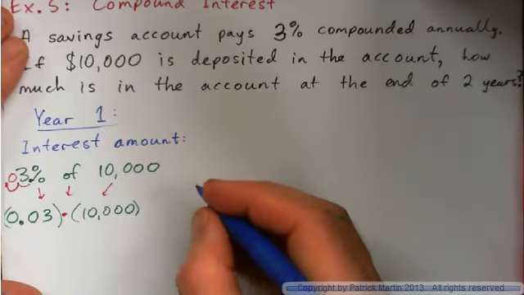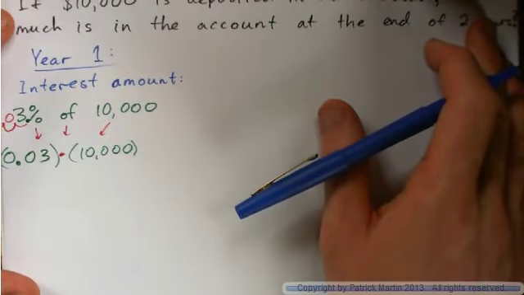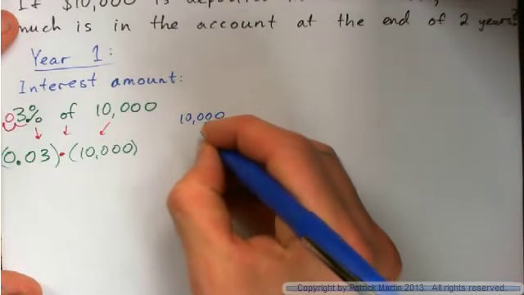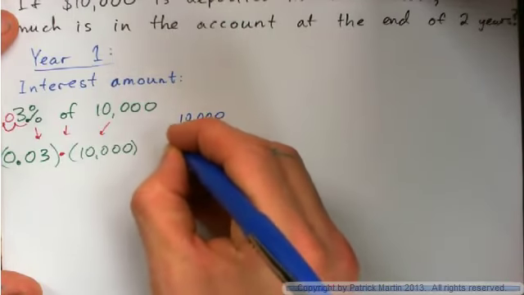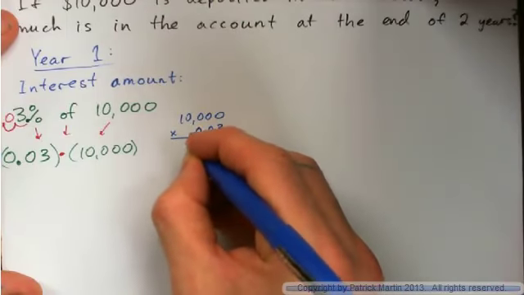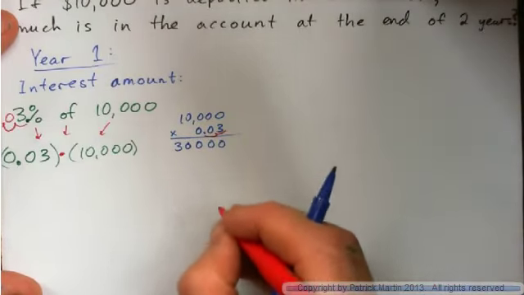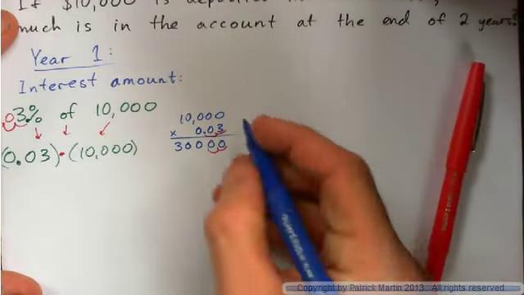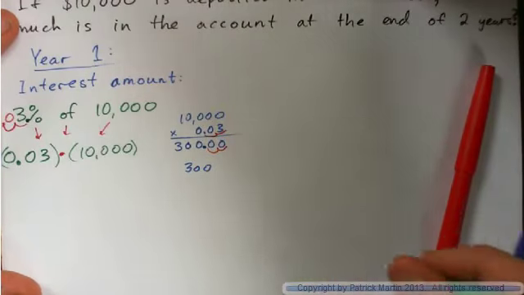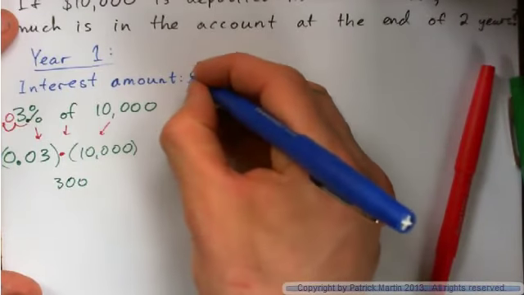If we multiply those, what do we get? 3 times 0 is 0, 3 times 0 is 0, 3 times 0 is 0, 3 times 0 is 0, 3 times 1 is 3. And we have 2 decimal places in the question, so 2 in the answer. So $300. Interest amount, $300, right?